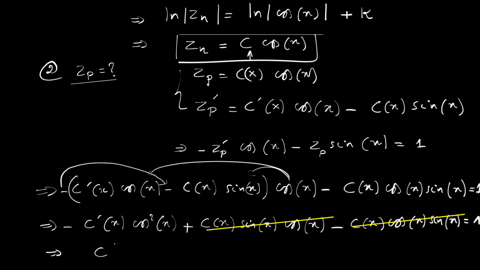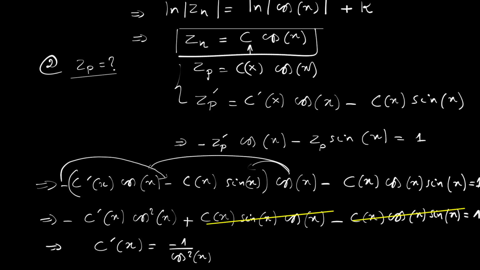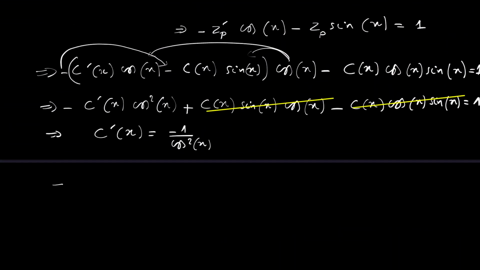Then we isolate the derivative c prime. I need another page. Sorry. Then using the integration with respect to x, we get the tangent of x times minus 1.